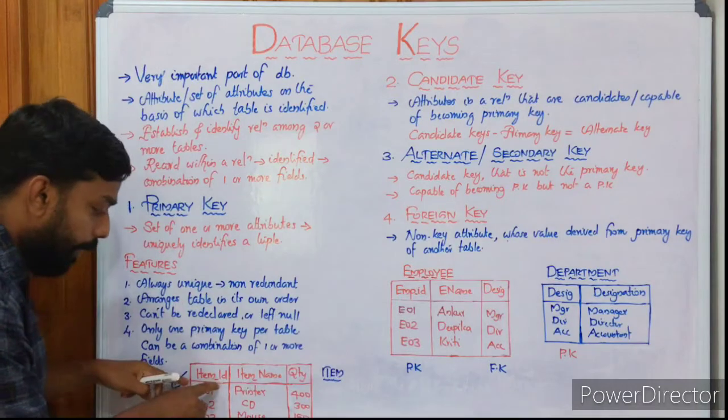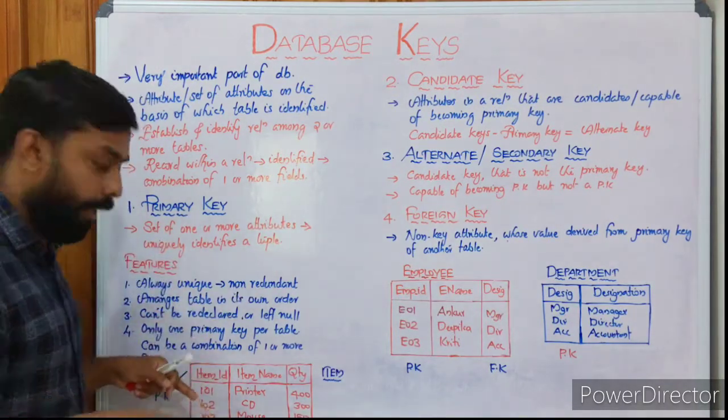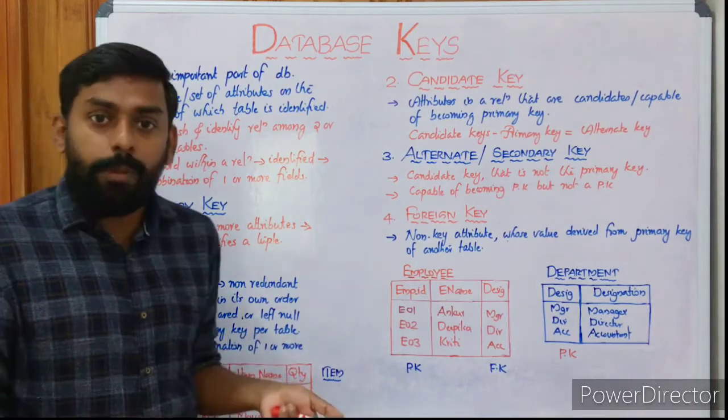Here item ID is a candidate key, of course, because it can be considered as a primary key. And item name can also be a candidate key.